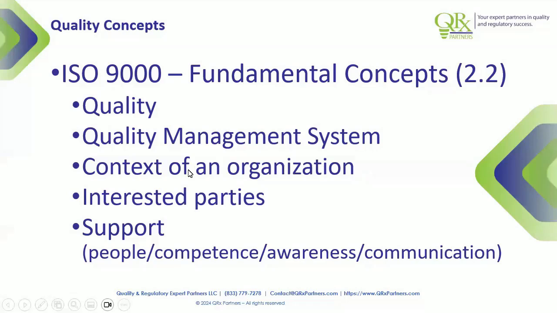Then you have to understand the context of your organization. Most pointedly, this often comes through mission, vision, and your quality policy. The context of the organization: what are you trying to achieve? What does your organization do?